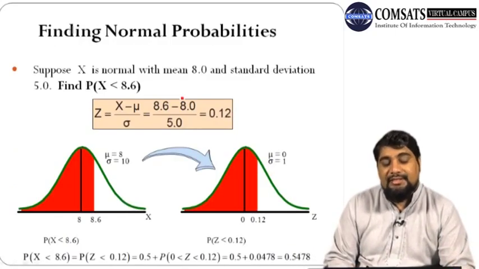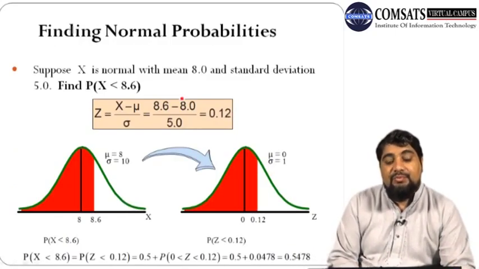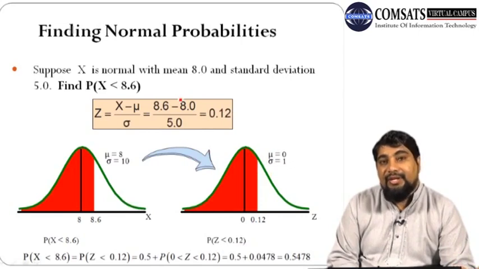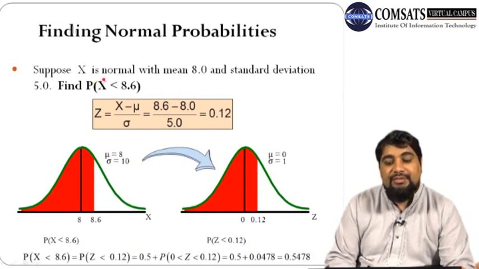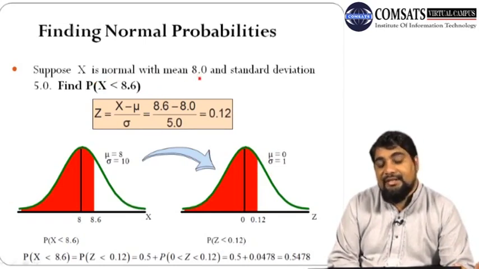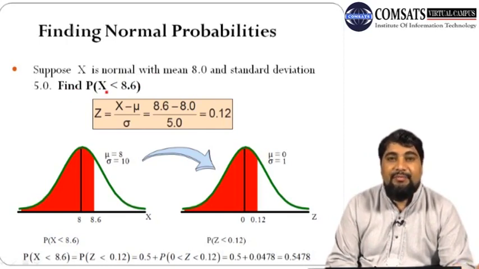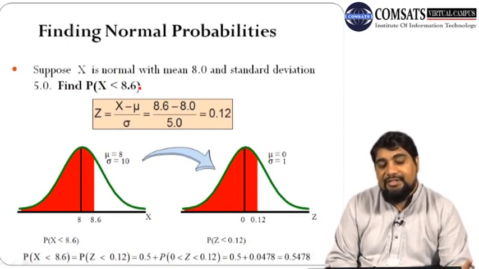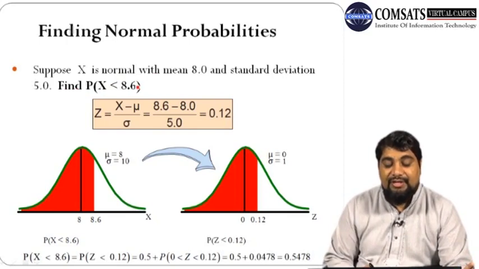Now let us discuss a few examples. Suppose x is a random variable which follows a normal distribution with mean 8 and standard deviation 5. The question is, find the probability that x is less than 8.6. Remember that the first step is to draw the distribution of random variable x. Just draw the normal curve.